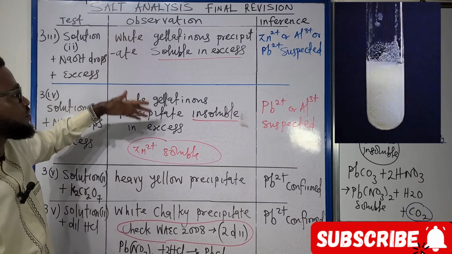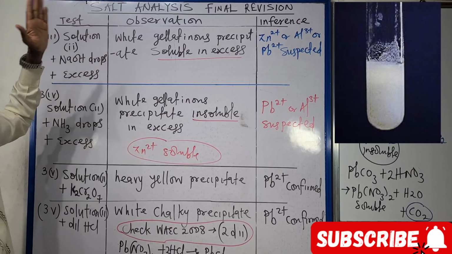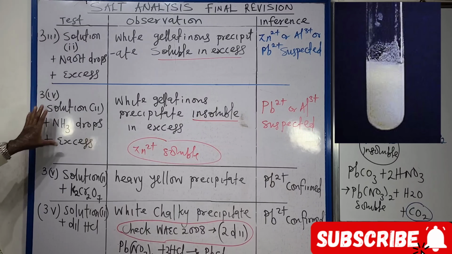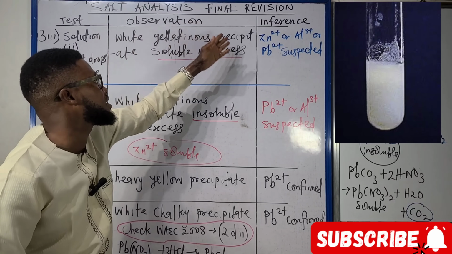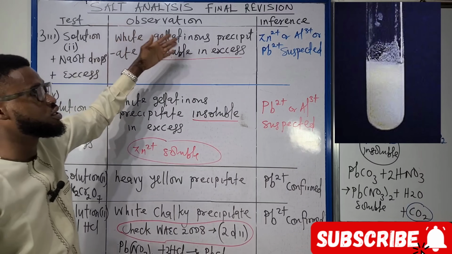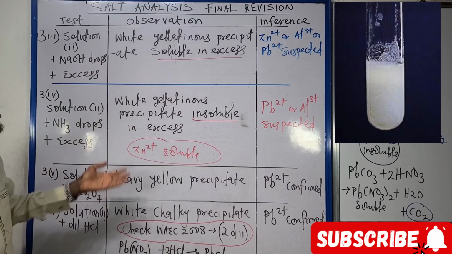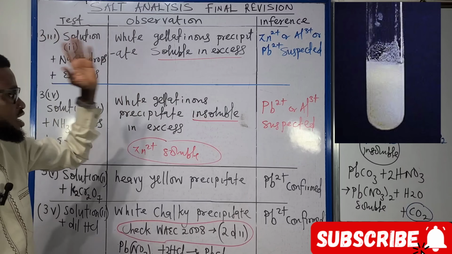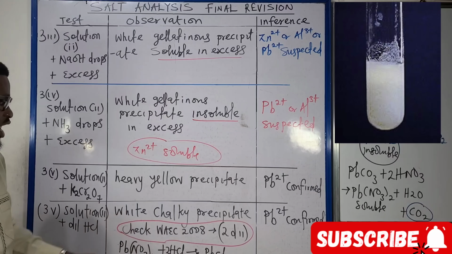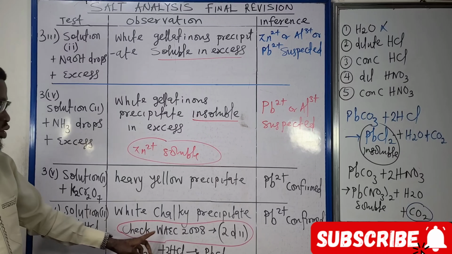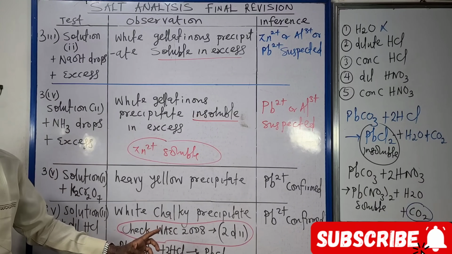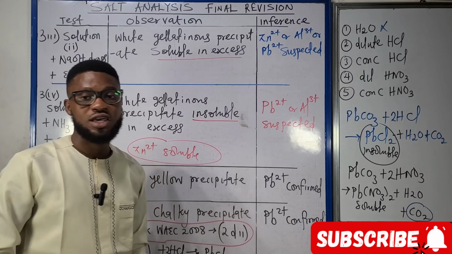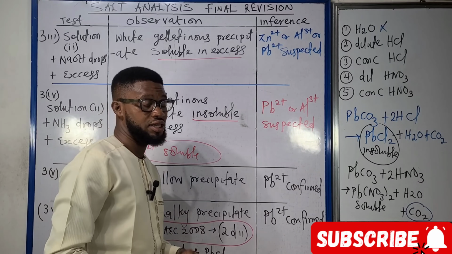Instead of getting yourself confused there, it's just better to have written, for sodium hydroxide and aqueous ammonia, white precipitate if you don't want to write gelatinous precipitate: white precipitate soluble in excess, white precipitate insoluble in excess. So that's what happens, and you can confirm that if you check your WAEC past question 2008 question 2D2. That way lead 2 ion is going to be confirmed.